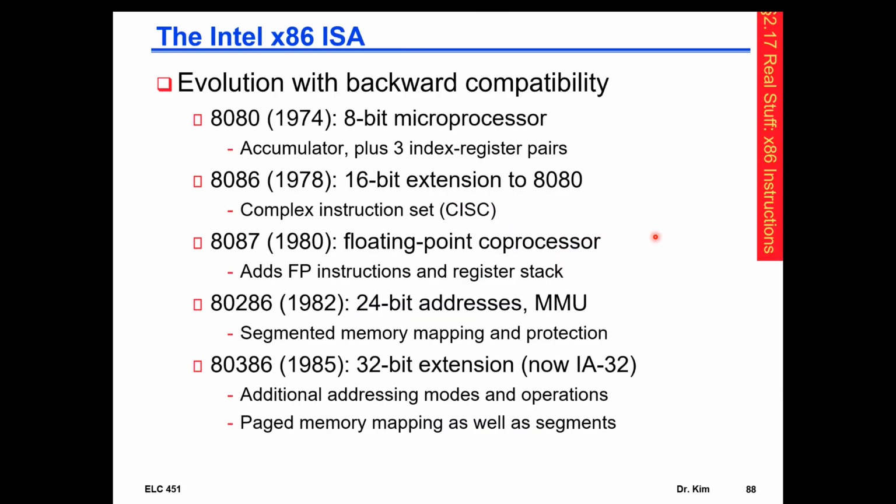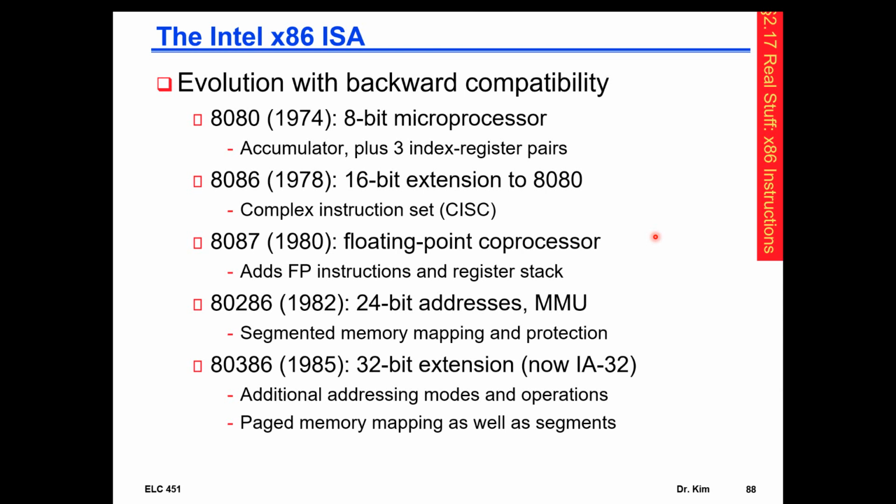Now we wouldn't be able to finish this chapter without talking a little bit about the Intel x86 ISA, which is also pervasive. So here's some of the history of it.